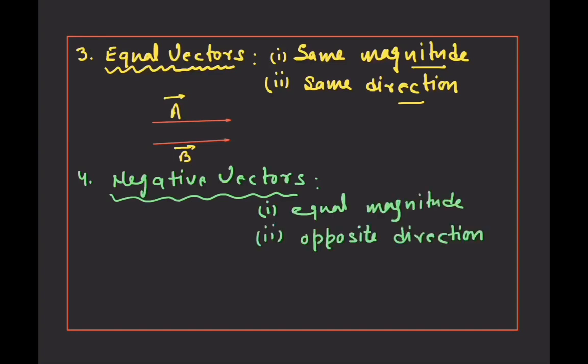Negative vectors. Two vectors are said to be negative vectors if they have equal magnitude but they are in opposite direction. Vector A and vector B. If A and B have equal magnitude, we can say A vector is equal to negative of B vector.